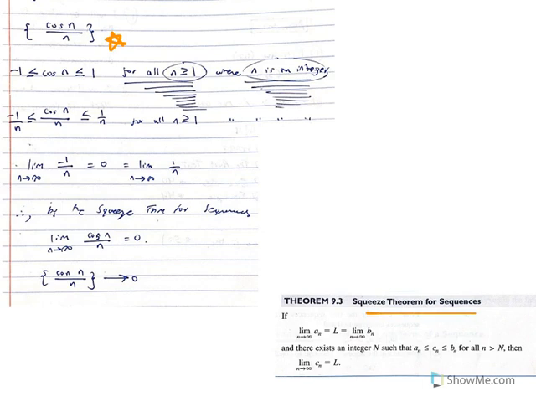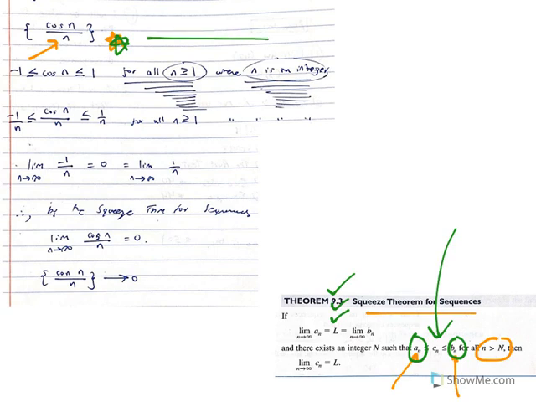Well, we have to show that the nth term of this sequence can be bounded by the nth terms of two other sequences for all n greater than some integer N. And the other thing that we have to show is that the limit of the nth term of these two sequences as n approaches infinity is L. So by the squeeze theorem for sequences, we may then conclude that the limit of the nth term of the sequence under consideration as n approaches infinity must also be L, and therefore, by definition, this sequence must converge.